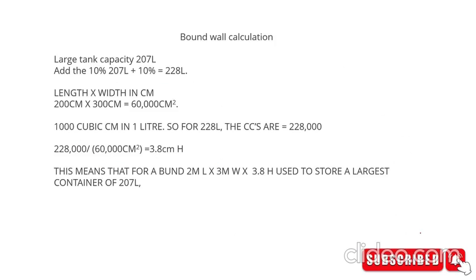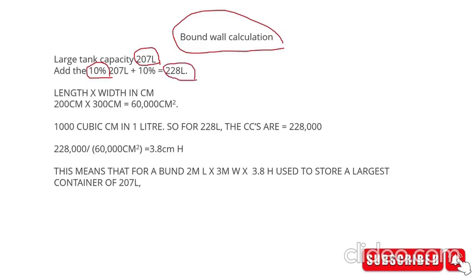Here we go. You will see the calculation, how we did the bund wall calculation. The large tank capacity we are going to store is 207 liters. So with the 10 percent rule, we add 10 percent and we get the answer of 228 liters.